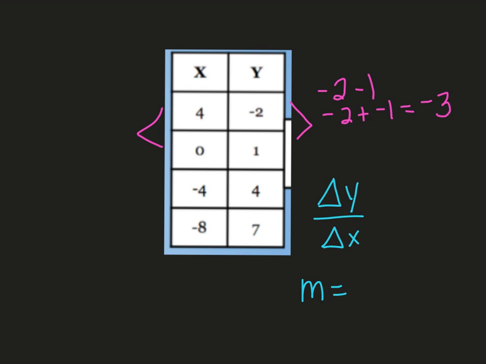Okay, and then this one is 4 minus 0, which is 4. So my change in y is -3, and my change in x is 4. So my slope is -3/4.